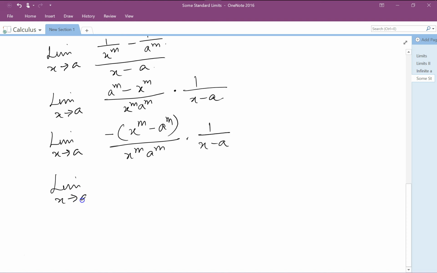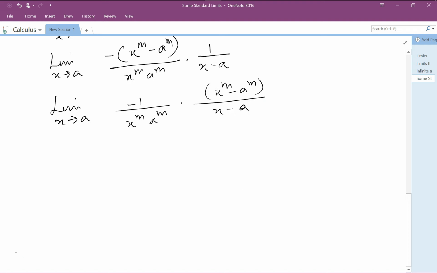Now x tends to a. Let's take this expression above, x minus a. So minus 1 divided by x to the power of m, a to the power of m, times (x to the power of m minus a to the power of m) by (x minus a). Now let's take the limit.